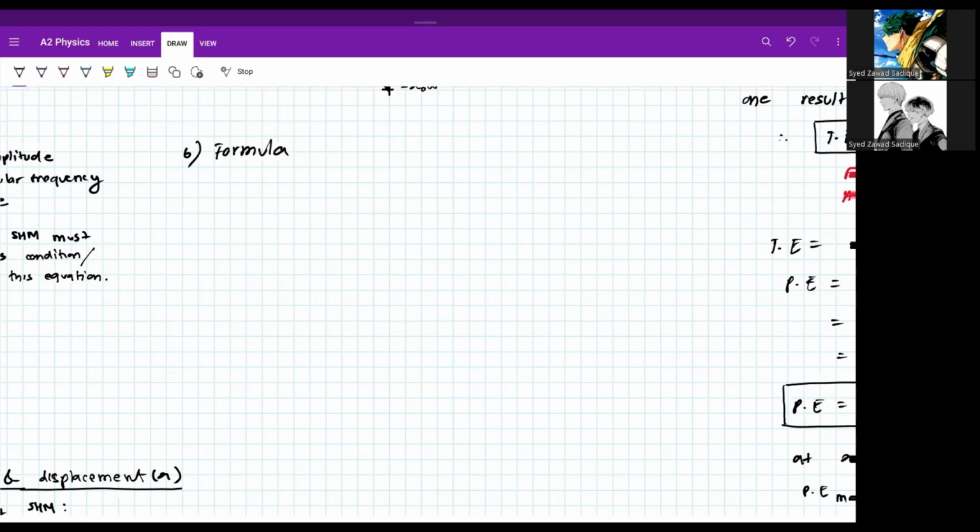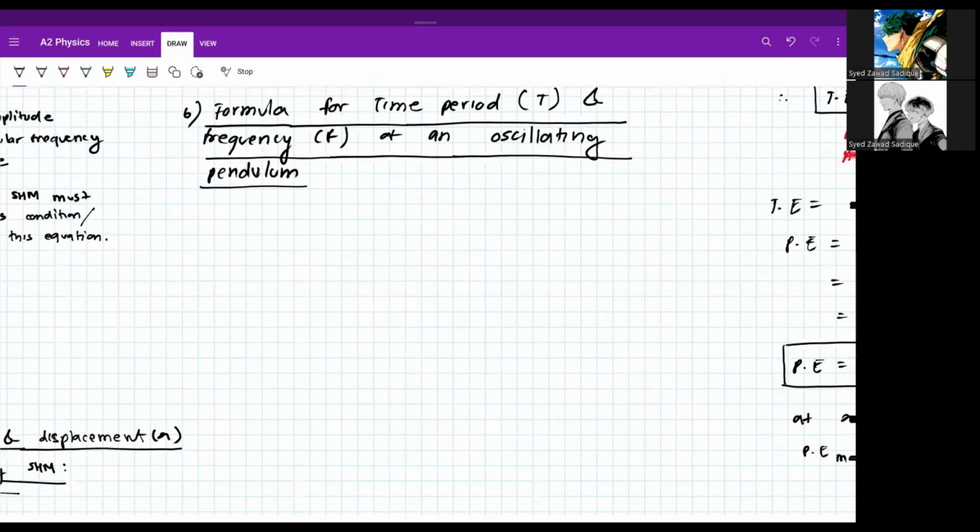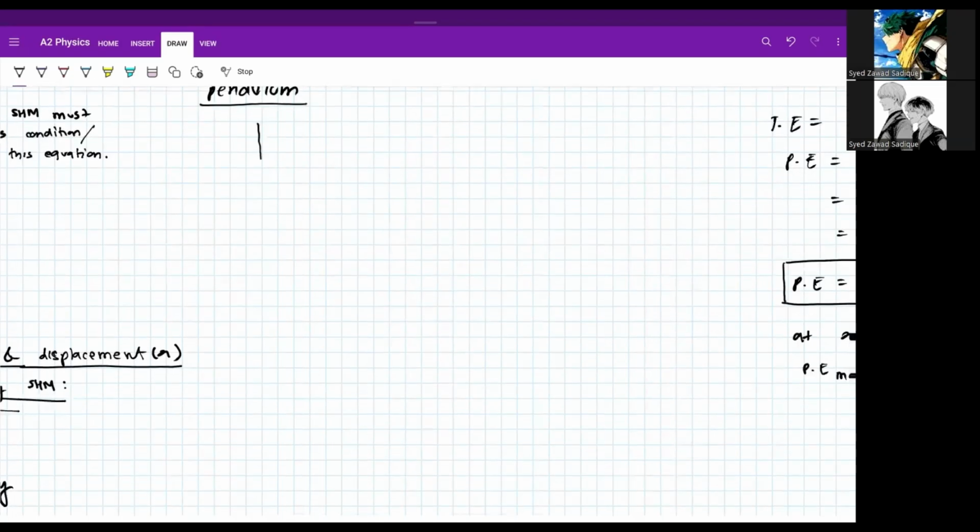By the way, for the remaining 3 concepts that I'm going to give you, just memorize the formula and the cases to solve any question that correlates to this concept. Formula for time period and frequency of an oscillating pendulum. You know the motion of a pendulum is something like this.